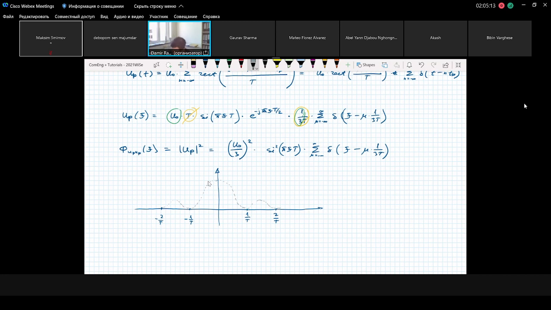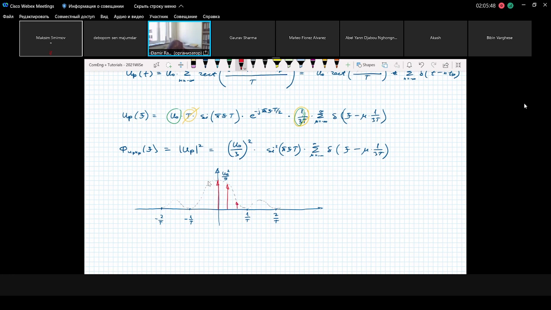This is the envelope, and we use this envelope in order to scale the corresponding sequence of delta pulses. The maximum value of the envelope will be u0 squared over 9, and the distance between delta pulses equals 1 over 3T.